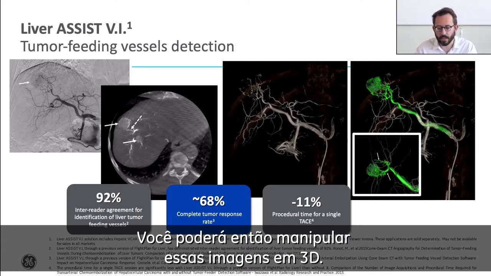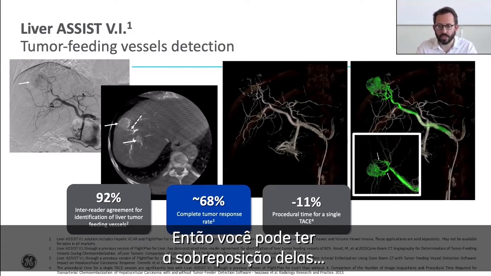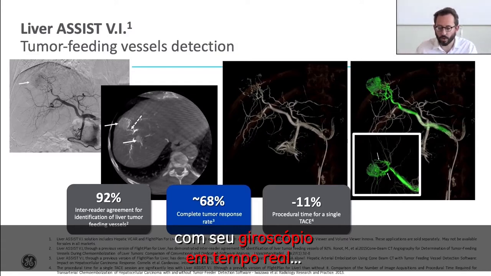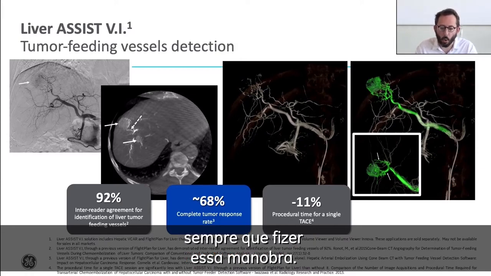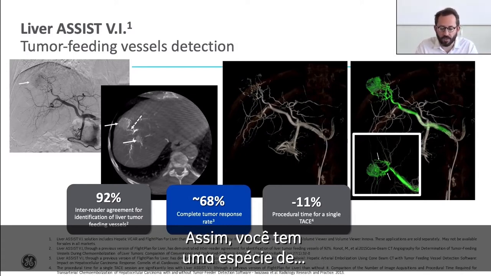And then you can manipulate those images in 3D, and you can superimpose them with your live fluoroscopy. When you move the detector, it will move with you, so you have kind of a 3D roadmap all the time.